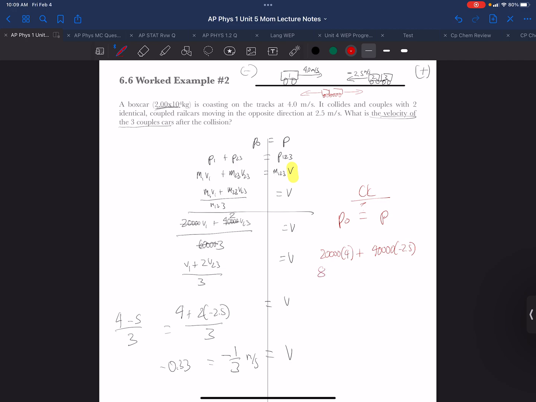So we have 80,000 minus 100,000. So that gives us minus 20,000 momentum. That's what we had before. So the momentum of this entire system was minus 20,000 beforehand. The momentum of the entire system must be minus 20,000 afterward.